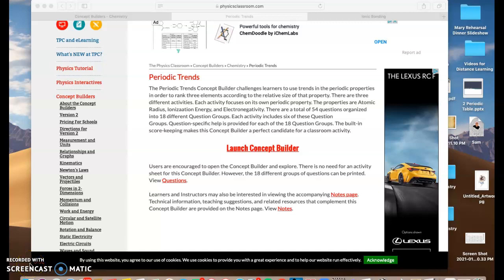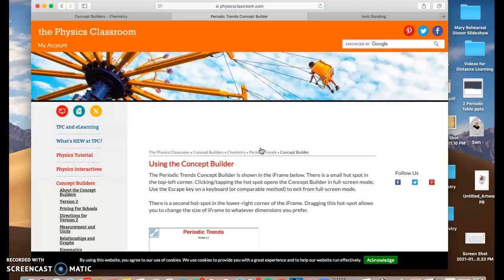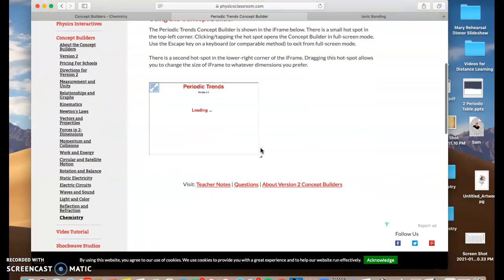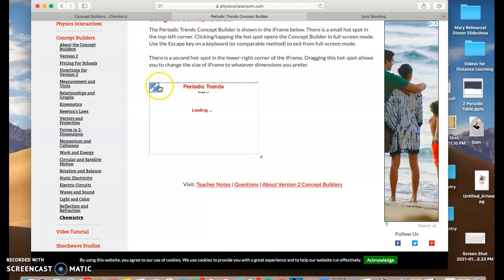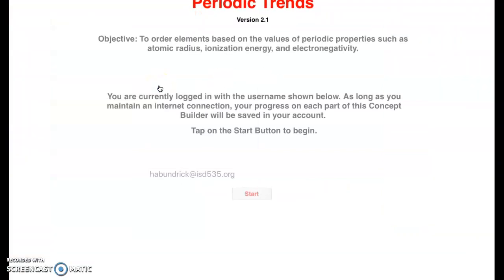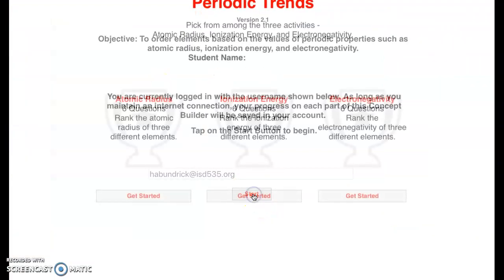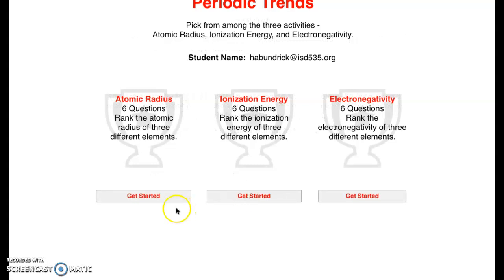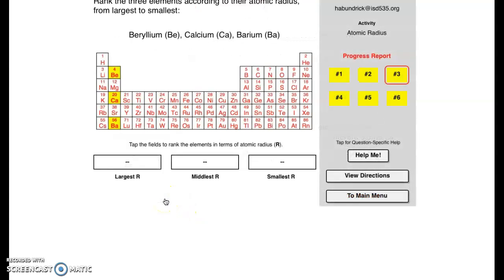Okay, so this tutorial is how to do the concept builder. We're going to start with periodic trends. Okay, so the first one is ranking the elements in terms of how large they are, so largest to smallest.